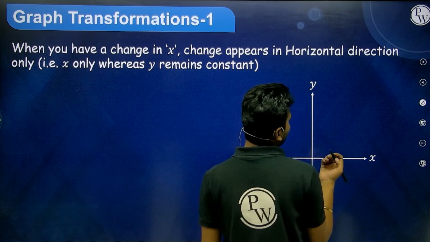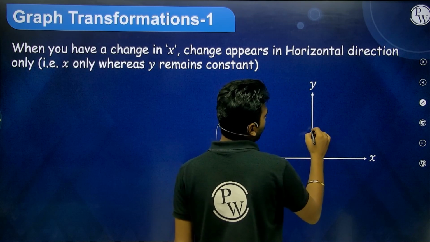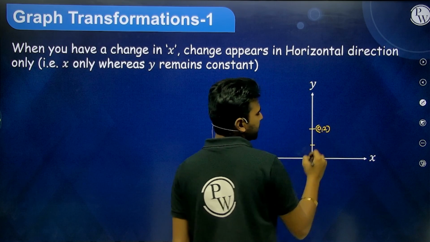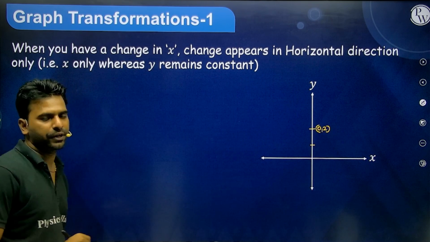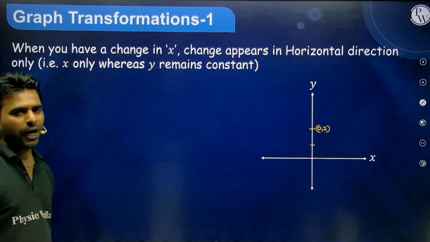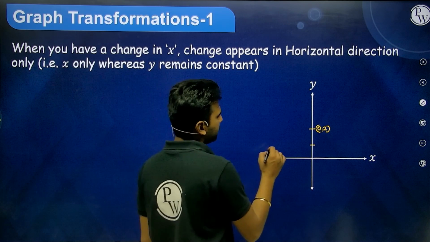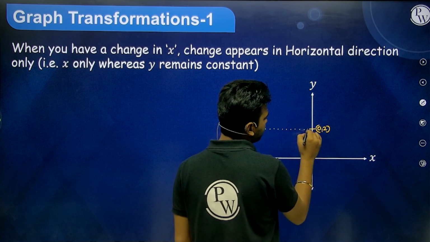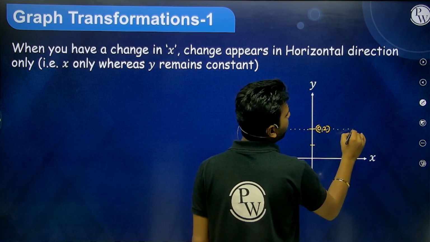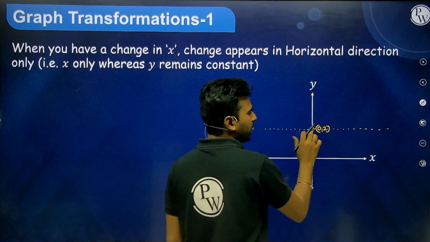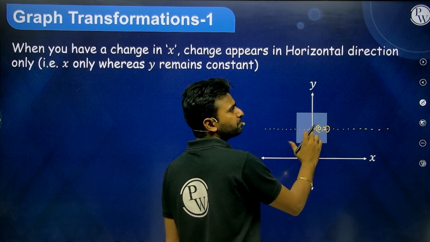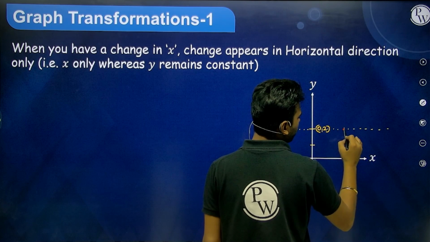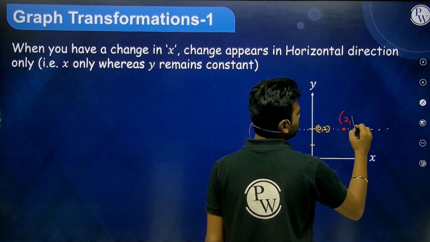If I say that, let's say you are standing at 0, 2. So 0, 2 will be somewhere over here. Yes or no? 0, 2 will be somewhere over here on the positive y-axis. If I tell you that you have to move horizontally from here 2 units towards right, will you reach 2, 2 or not?